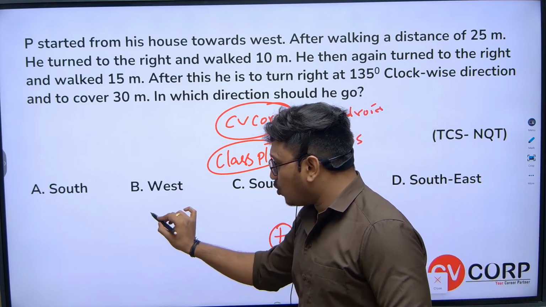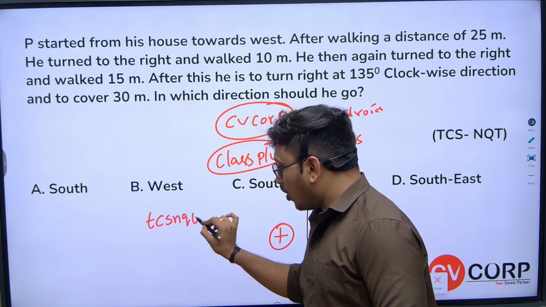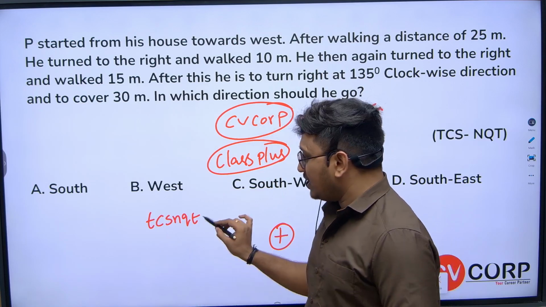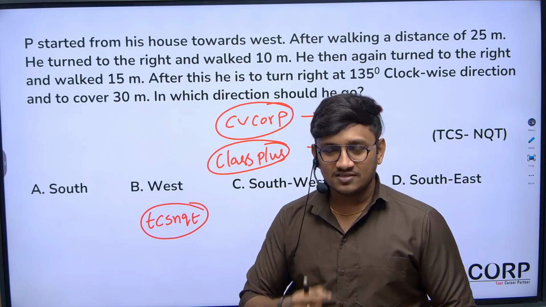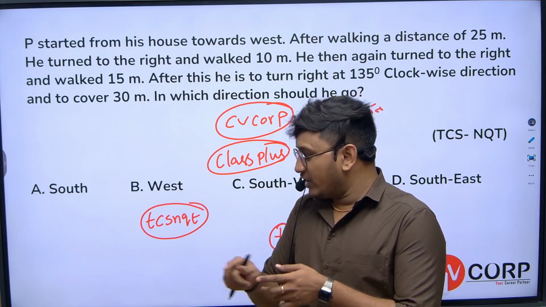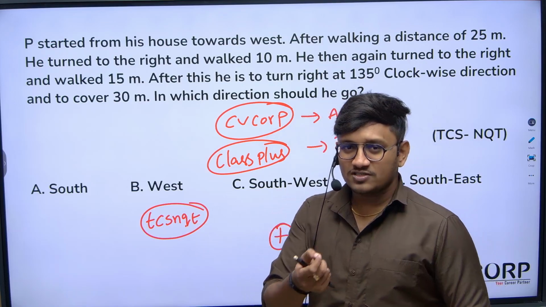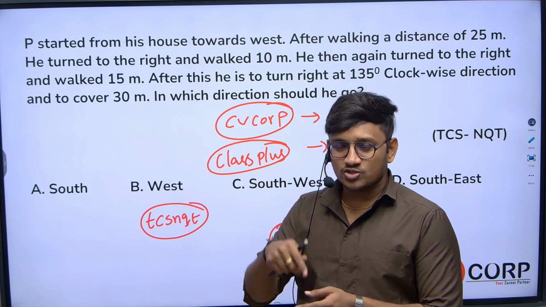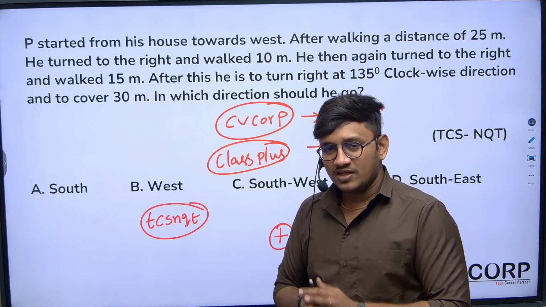The batch code is tcsnqt, all small letters. If you enter a valid batch code, you will get a notification called success, and we will accept all the students.